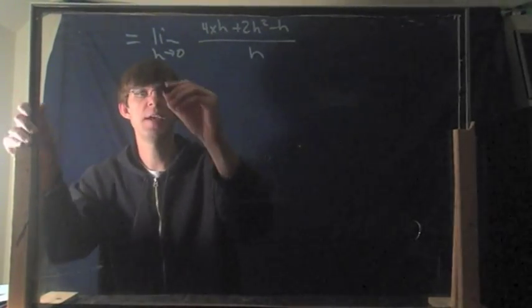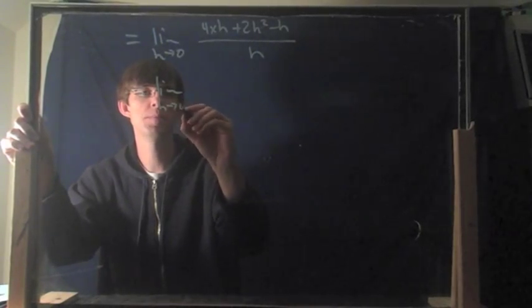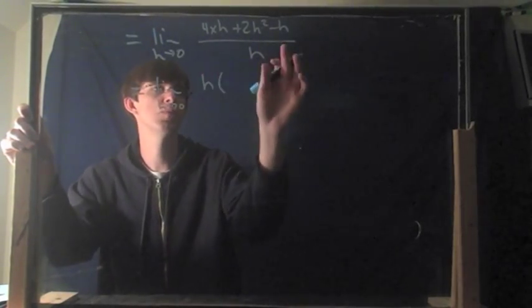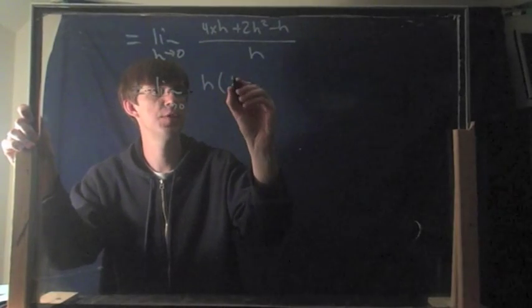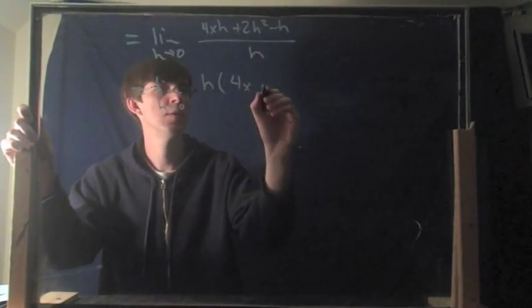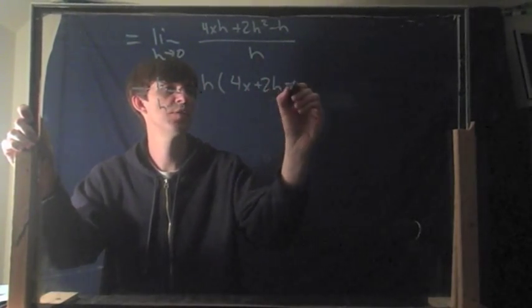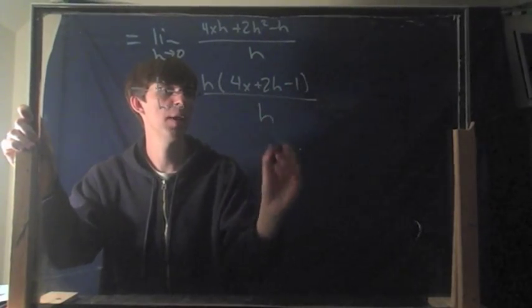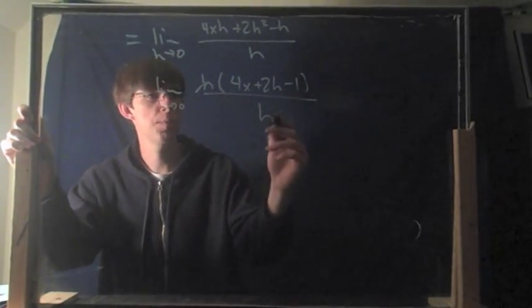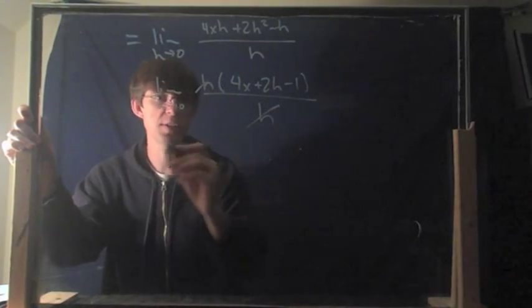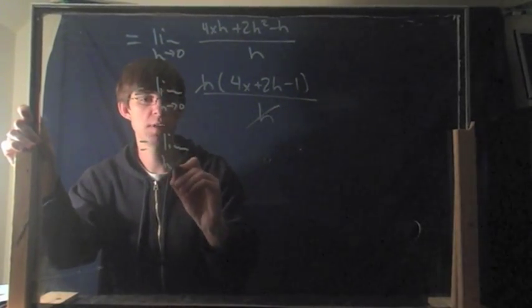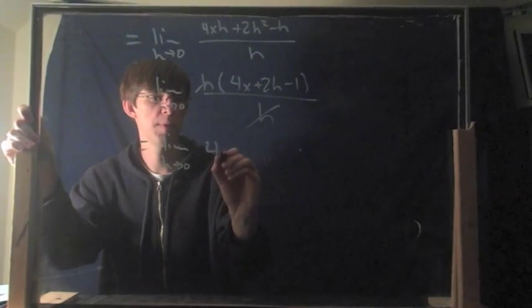We're going to factor out the h, so it becomes h. And then what's left over when you pull h out of each of these? 4x here plus 2h here minus 1, divided by h. As always, we end the problem by canceling the h's and then taking the limit. So you cancel the h's, what remains is this.